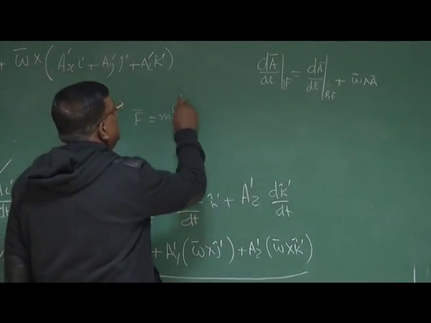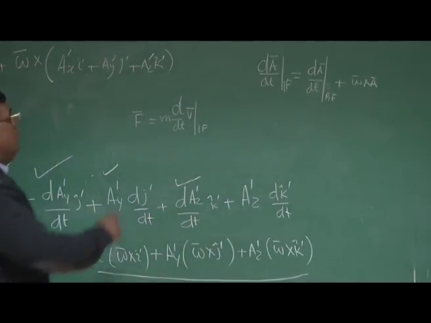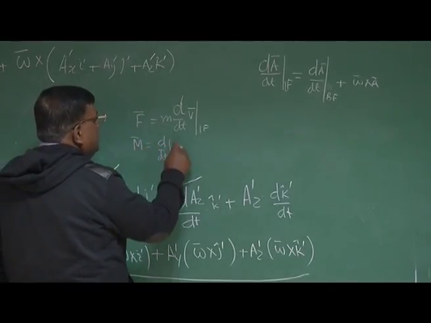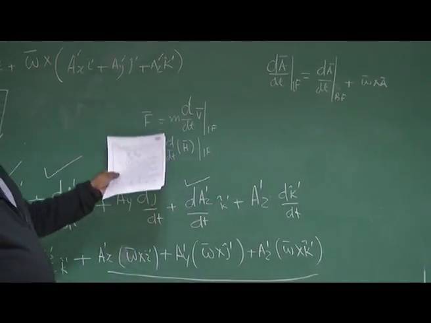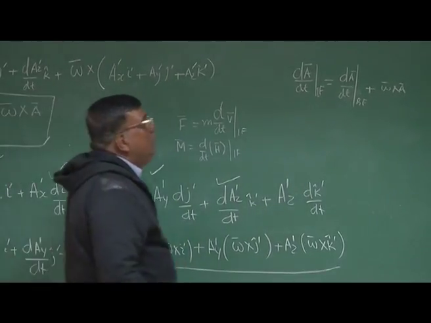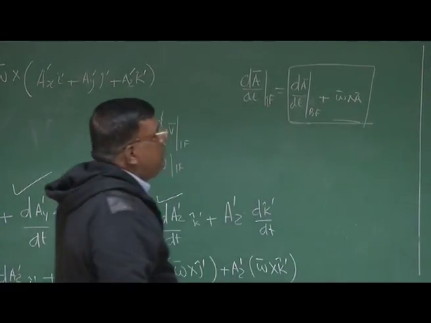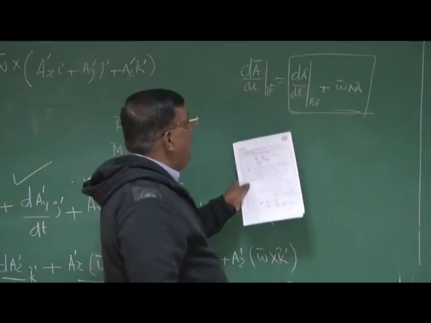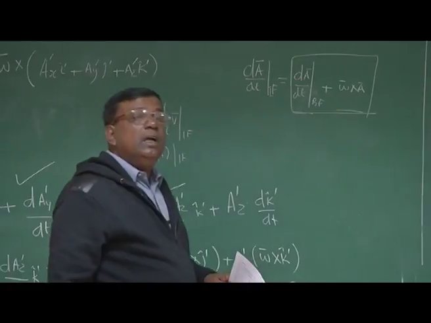This should be in the inertial frame, because here, of course, we assume m dot is 0. Similarly, for the moment, it should be d by dt of h, the angular momentum, again in the inertial frame. But this says, either you do it in the inertial frame or equivalently you work in the body frame and add this. That is the way we work in the body frame, and at the same time we do not violate the condition for Newton's law that it should be with respect to an inertial frame.